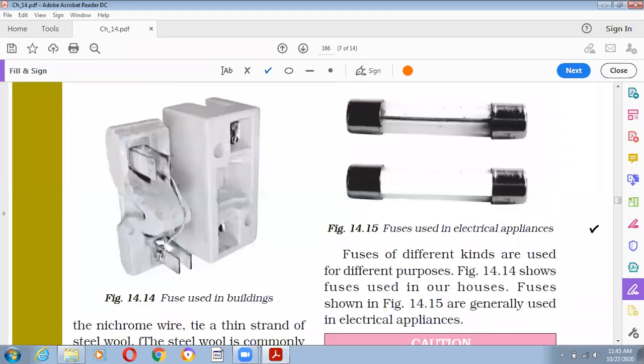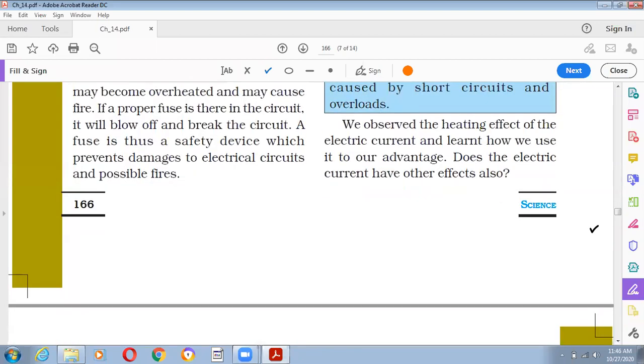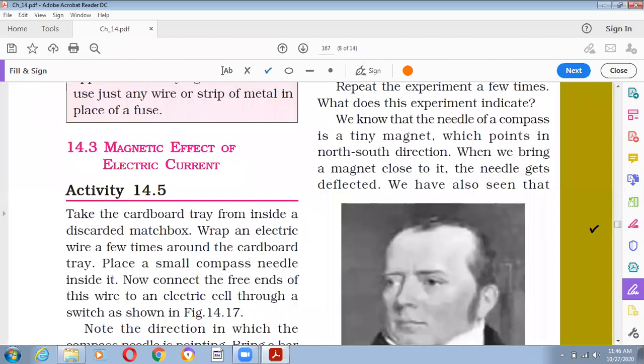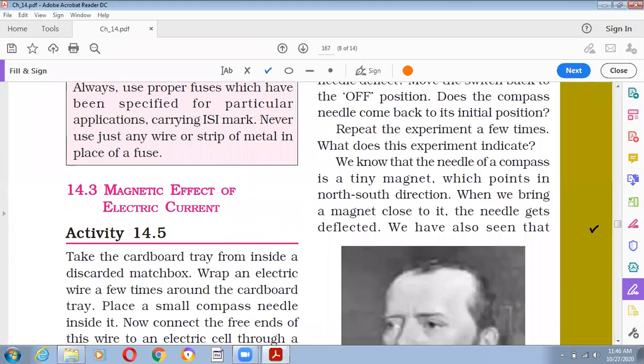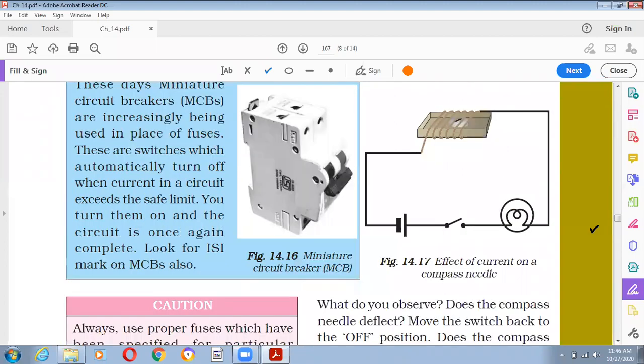Electric fuse, we have already discussed, is known as a safety device, MCB. Next is the magnetic effect of current. Before going to the magnetic effect of current, I would like to tell you the two causes of excessive flow of current.